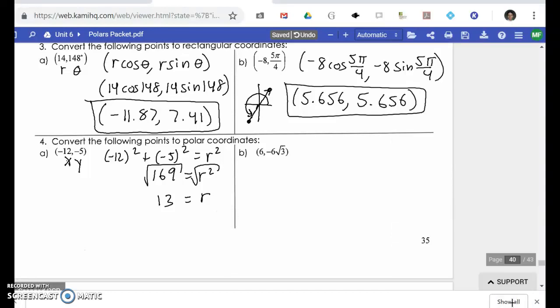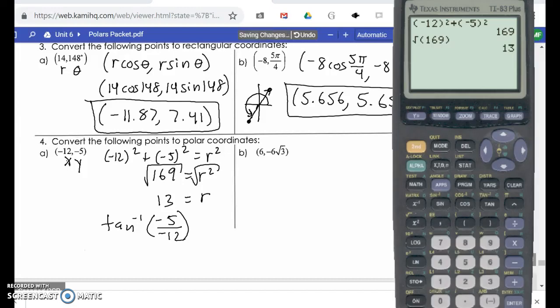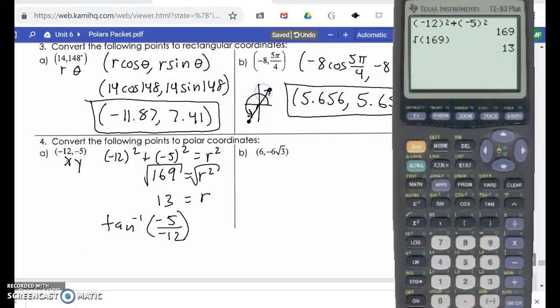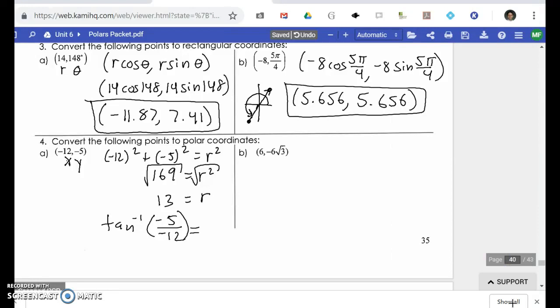To get the angle, we're going to have to do the inverse tangent of the y over the x. And here we should double check our mode real quick. Usually these we'd like to have in degrees. A little bit easier to think of. Inverse tangent of the y divided by the x, and I'm getting an answer of 22.61. Now be careful, this point, negative 12, negative 5, is like here-ish.